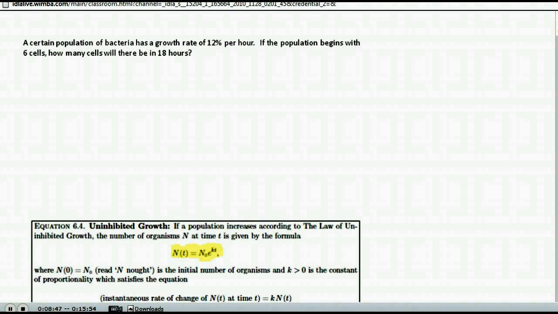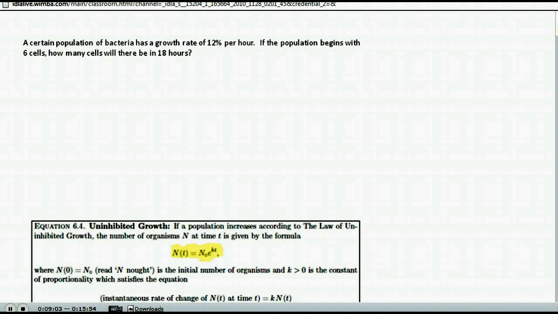If it's growth, k is going to be a positive rate. That's your rate of growth. And t is the amount of time. Now, it may not always be in years. It may be in minutes, maybe in seconds. It just depends on how they set the problem up for you.